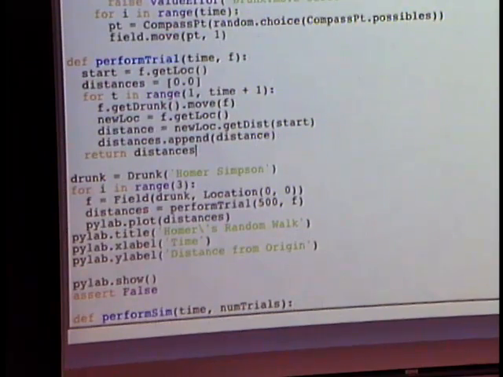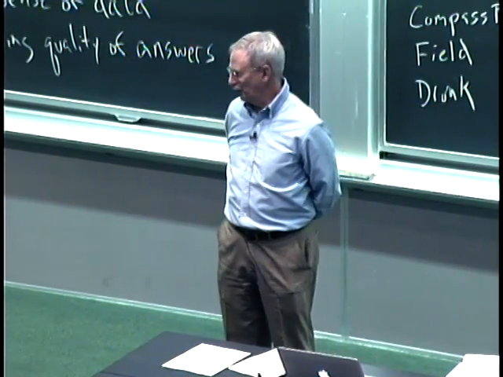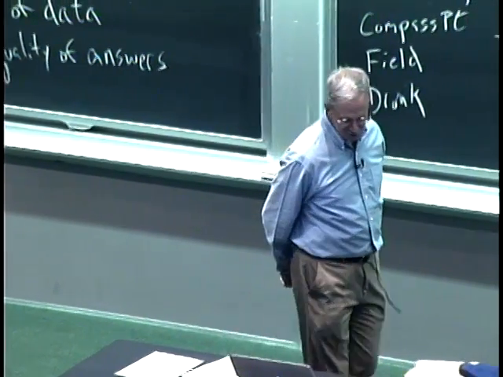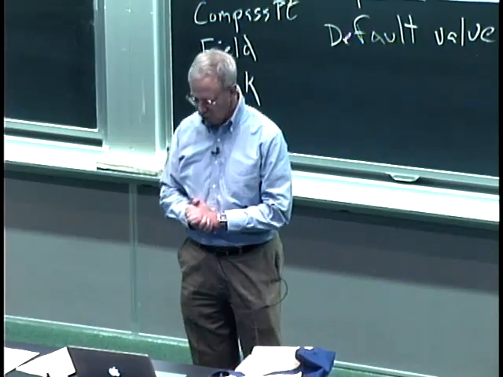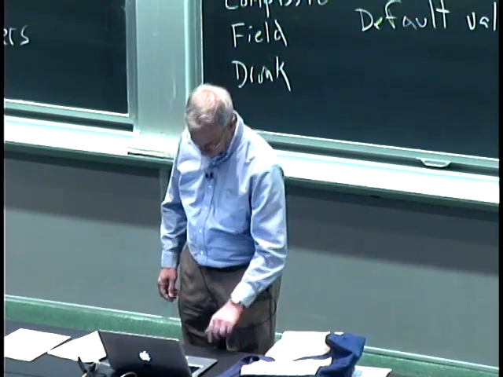And the rest of it is magic you don't need to understand, because we'll come back to next lecture, which is how do I put all this in a pretty picture. So ignore all of that for now, that's just the PyLab stuff for plotting the pictures. All right, we're there. Let's run it.